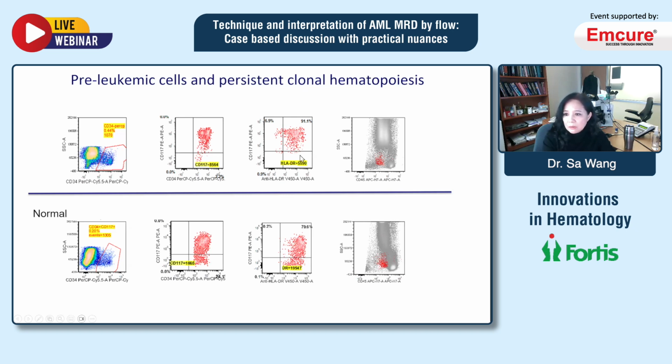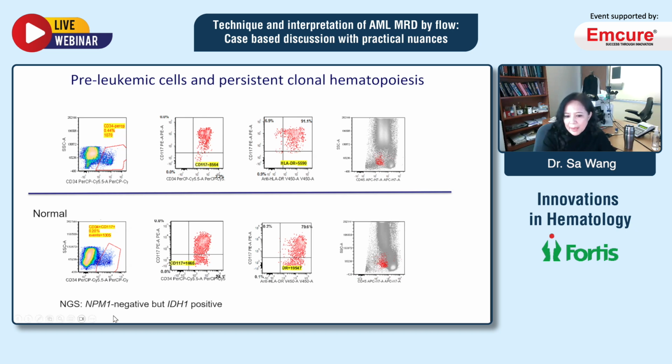We do see these alterations, this abnormality of the CD34 positive cells. So are these residual leukemic cells? I know a lot of places, when they do this, they just say possible aberrant myeloblasts. That's it, don't provide additional interpretation.